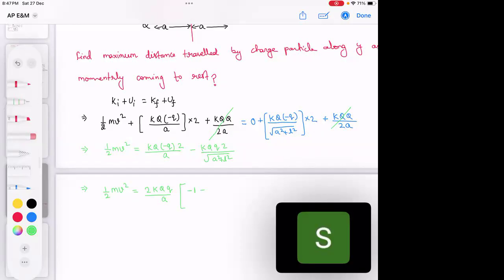I think this one will become positive, na? After sending it to the other side, it will become positive, right? So 2k capital Q small q by a common, 1 minus 1 by under root of a square plus L square, right? This is what we have.